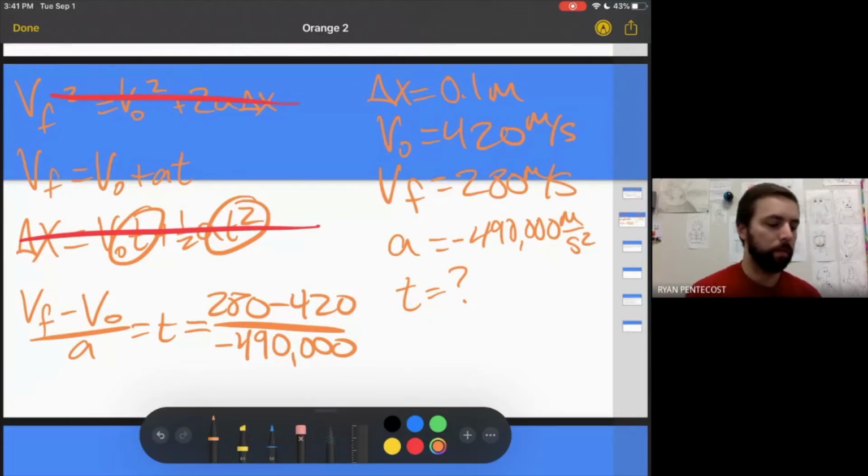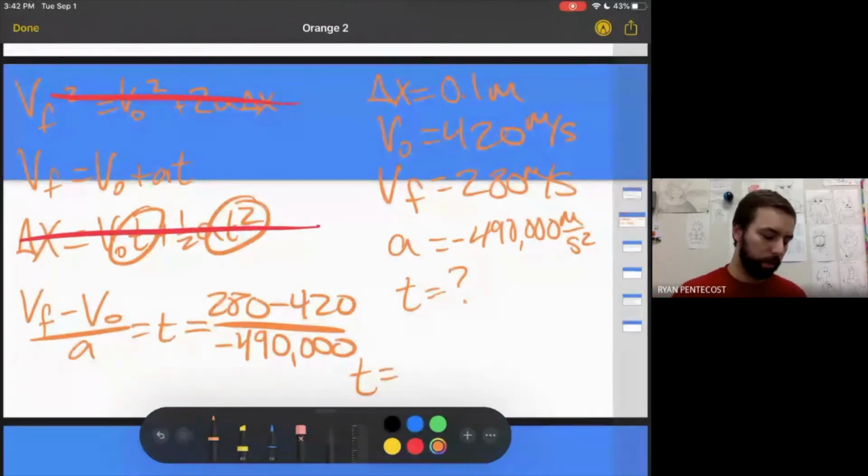Big numbers. So our time, if we plug that into our handy dandy calculator, so you got 280 minus 420 divided by 490,000. Okay. Very small time.